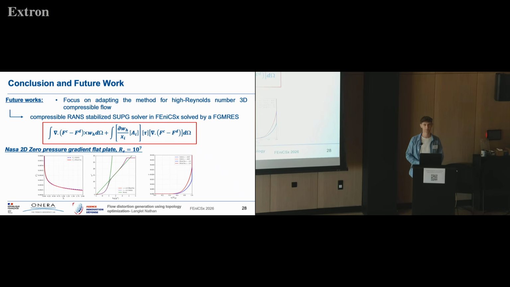And there was another question here. What happens when the optimization procedure leads to a structure that is hard to fabricate? That's a very good question, because the goal of the thesis is to use this method to automatically generate the distortion. For the moment, we only test the method and discover it for this type of application.